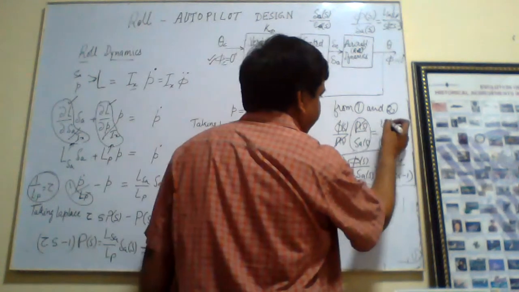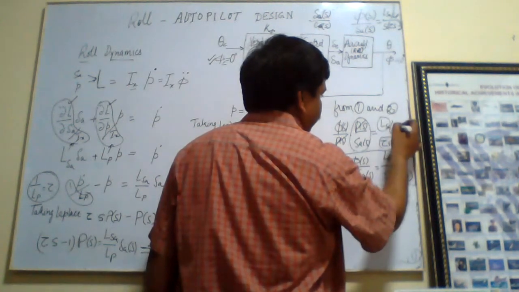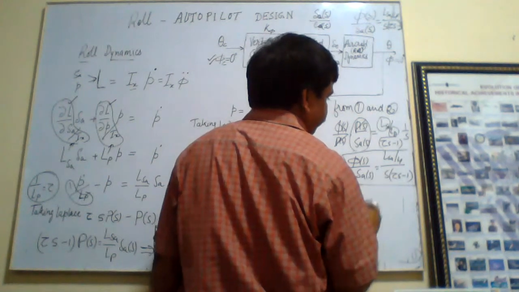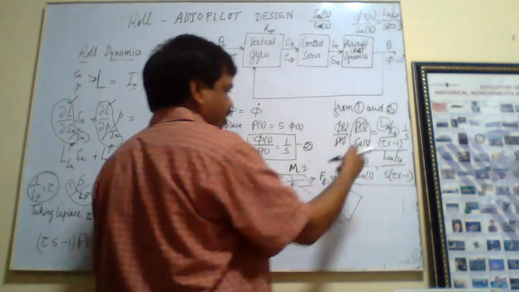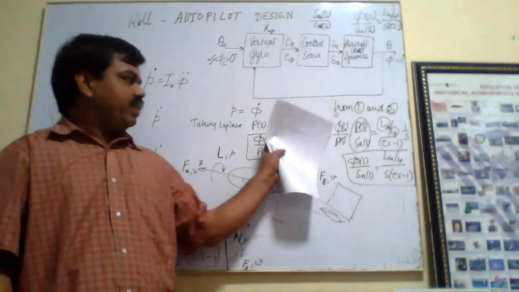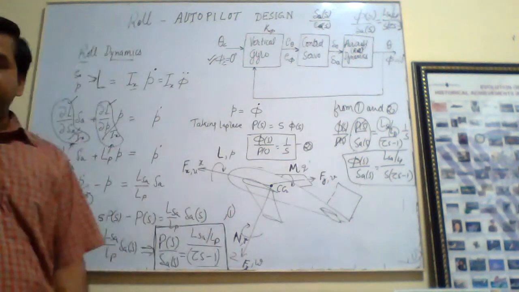If for a particular aircraft I get the values of L del A, Lp and this tau, which is 1 over Lp, I can find for that aircraft what this value is.